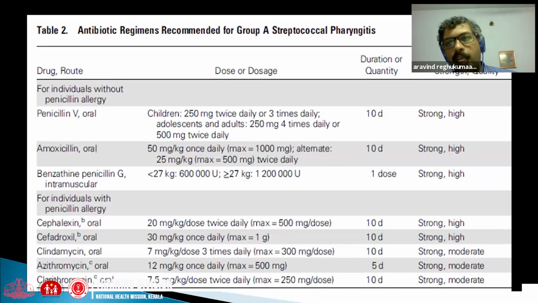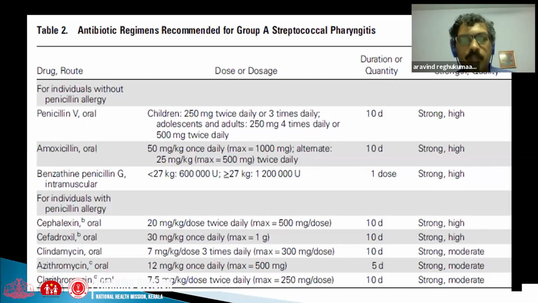If you don't have access to penicillin V, then start amoxicillin. The dose of amoxicillin for pneumococcal sinusitis was 1 gram TID, but for this you don't require that high a dose, 500 milligram is enough, but give it for 10 days. For individuals with penicillin allergy, you can consider drugs like cephalexin, ceftriaxone, clindamycin.